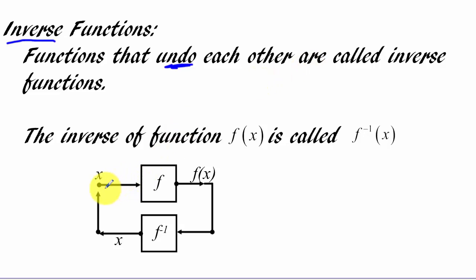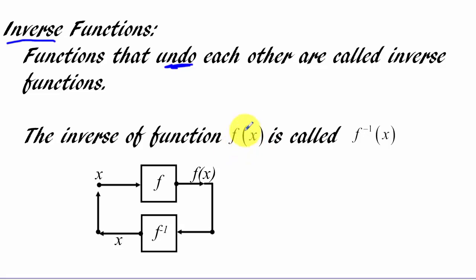If we look at that in the picture, we put an input into a function and get its output called f of x. Now if we use composite functions and take that output and put it into what's referred to here as the inverse function, we get back our original input. We undo what f did. So undoing it means giving you back x.